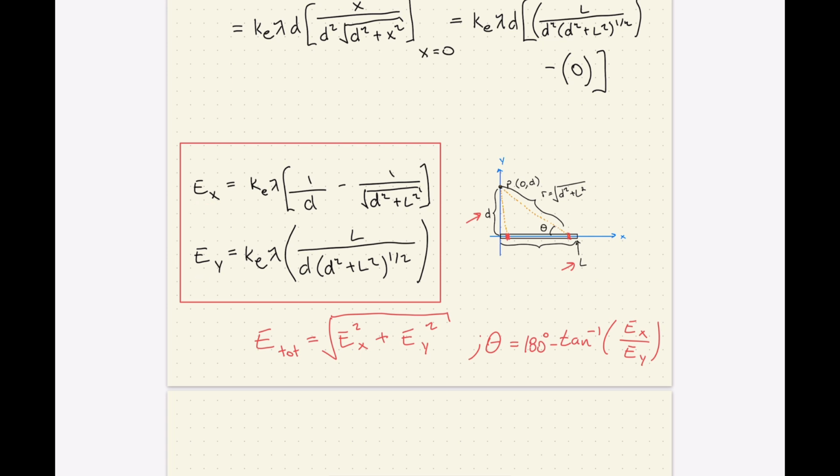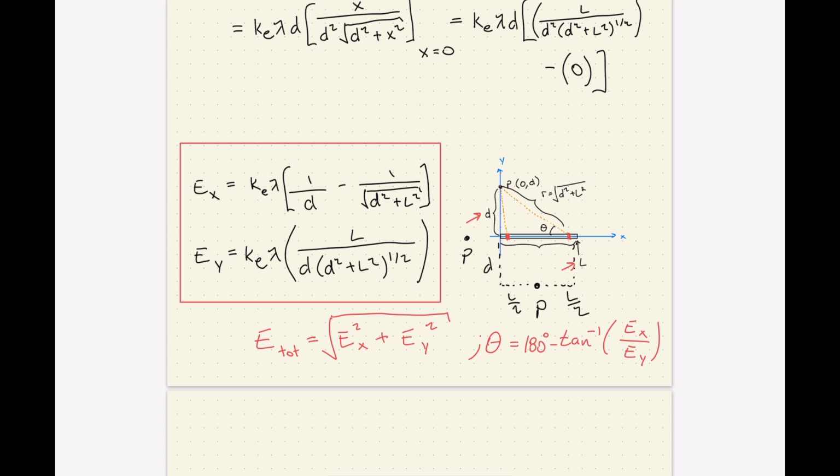And you can see how this is a bit more wonky and a bit more nasty than calculating the electric field at some point P over here. Or in another scenario, you find the point P a distance D vertically up and a distance L over 2, so it is placed in the center of the rod.